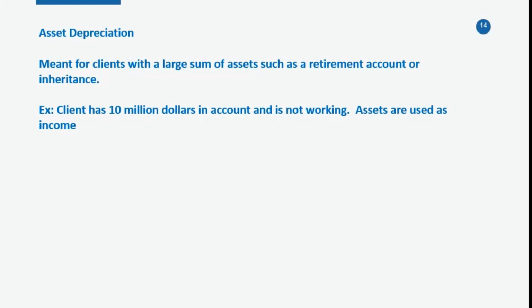For instance, let me give you an example of somebody who's retired. Let's say somebody who is retired has liquid assets totaling about $10 million, and it's not working. Assets can be used to calculate income, and how they do that is they see how long that money stretches, for approximately 15 years.